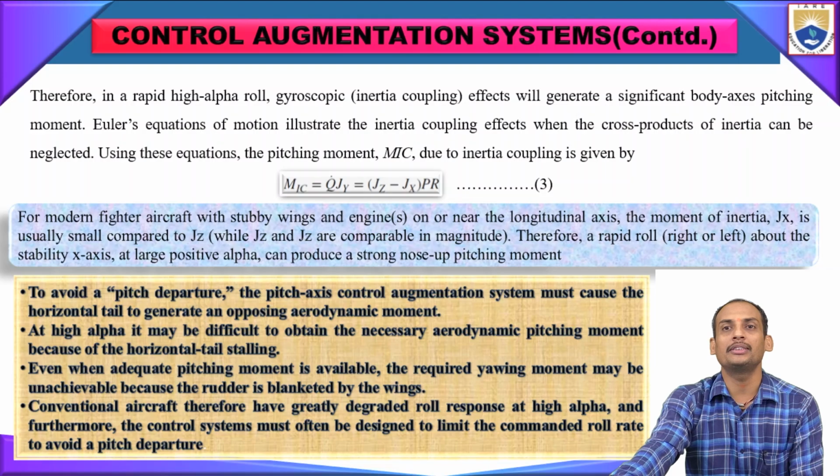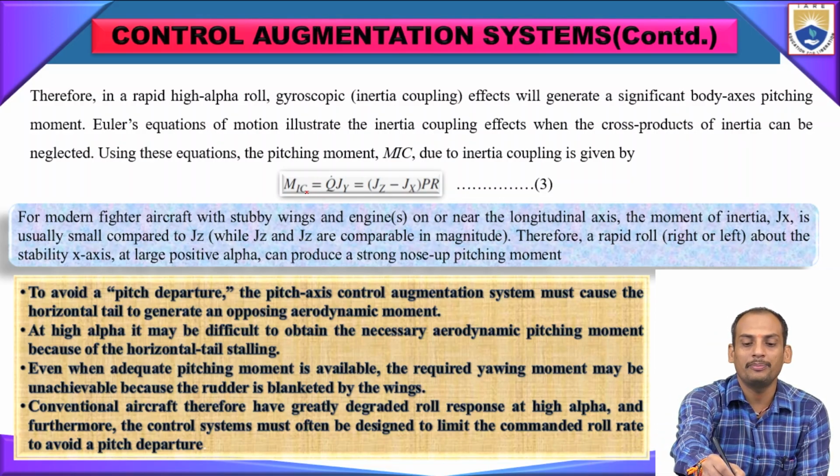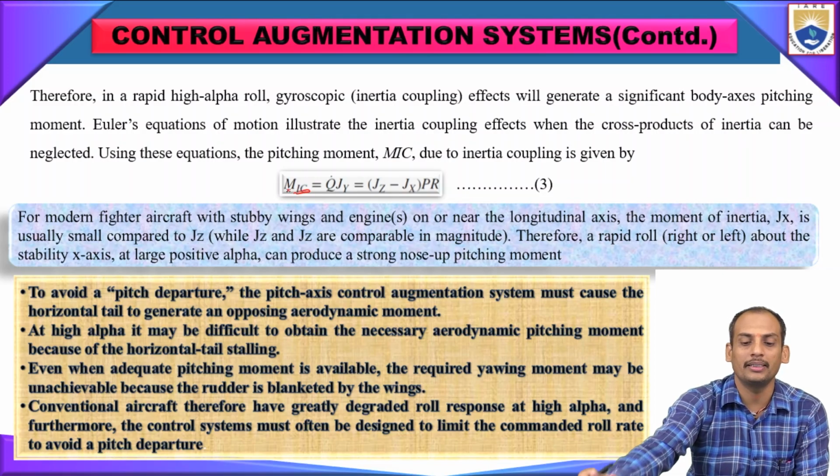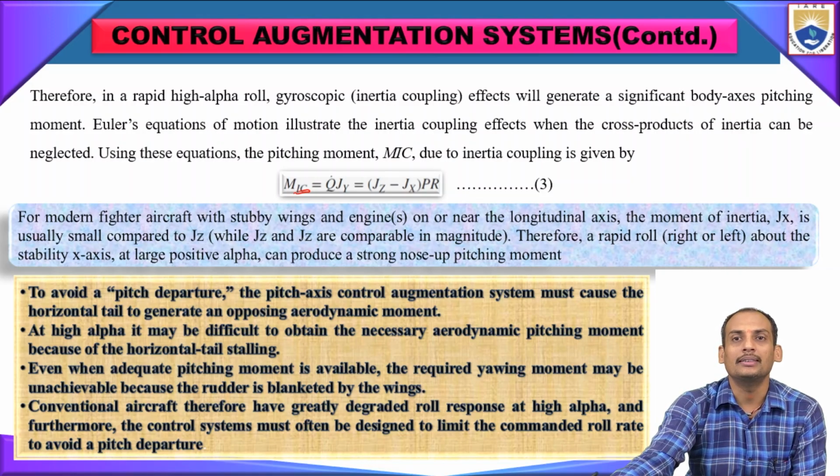So in the Euler equations of motion for this inertial coupling, the cross product of inertia can be neglected. The equation for the pitching moment M_IC will be given like this. M_IC stands for inertial coupling only. That will be equal to Q, with JZ minus JX times PR.